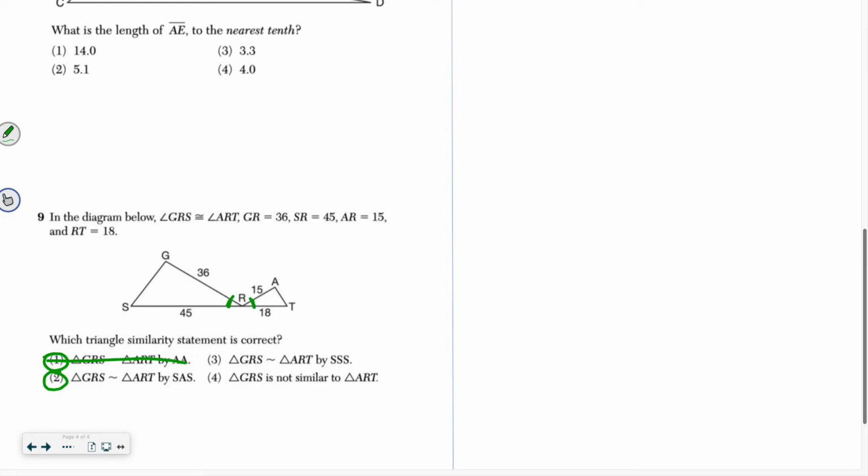Side angle side. Well, I do see two pairs of sides and one angle, but let's see if the two sides are going to be proportional. Okay, I know that 18 over 45 should be the same thing as 15 over 36.